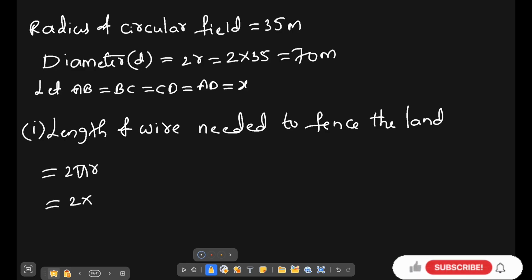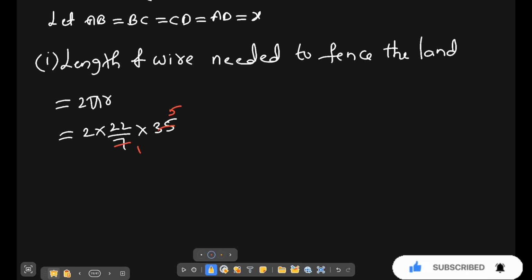So 2 into pi value 22 by 7, and the radius is given as 35. So we can cancel 7 5s are 35. Now this will be equal to 2 into 22 is 44, into 5, so it is 220 meters. So 220 meters of wire is needed to fence the land.